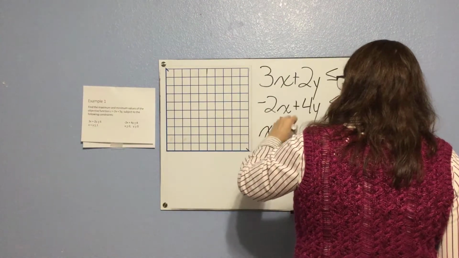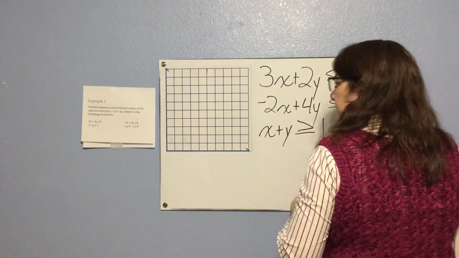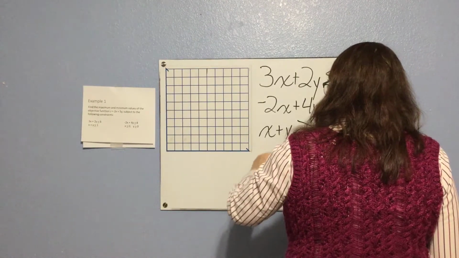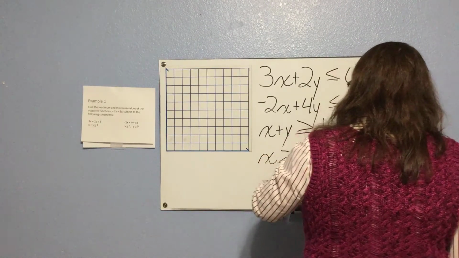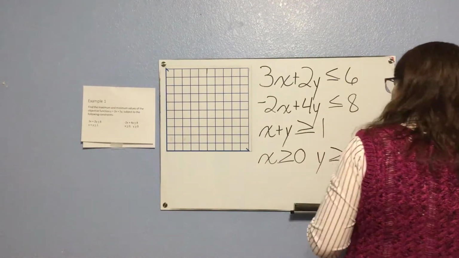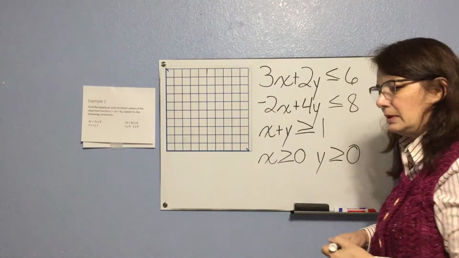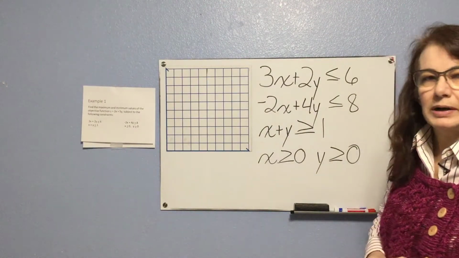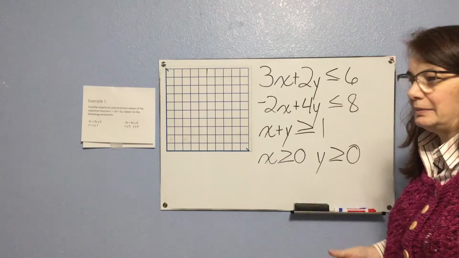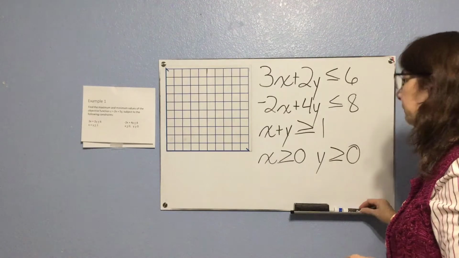X plus y greater than or equal to 1. And x greater than or equal to 0. And y greater than or equal to 0. In many situations, we're going to have these last two just because we don't want to deal with negative numbers in business, in wildlife population, and so forth.